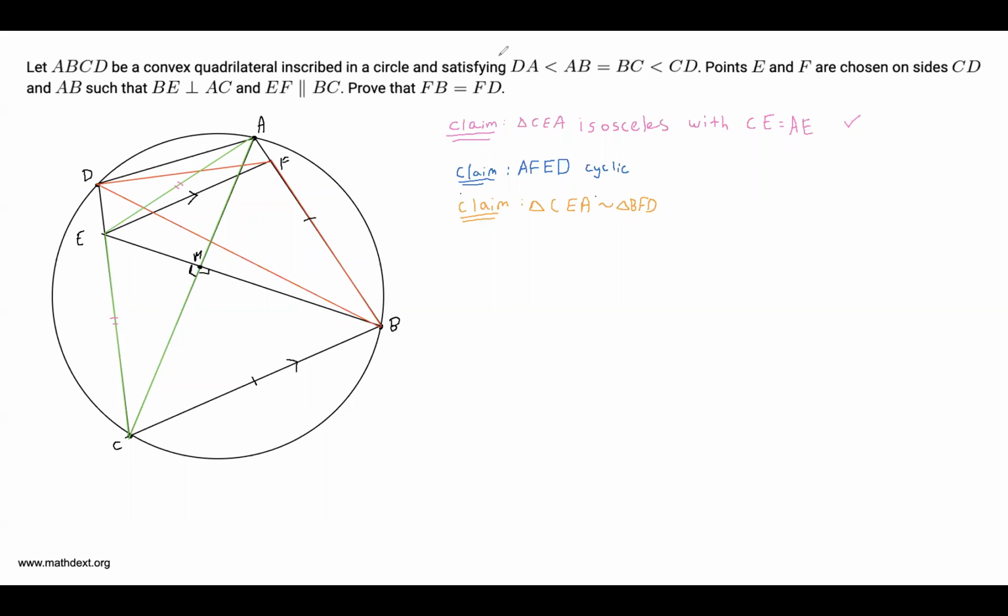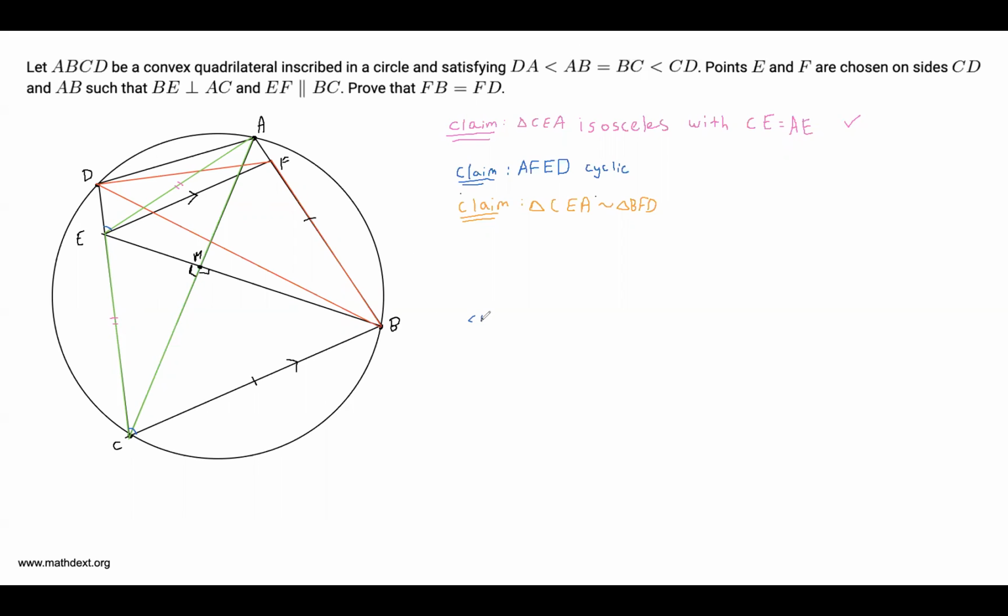Okay, my next claim is that quadrilateral AFED is cyclic. So this quadrilateral over here. This is also not hard to prove. The reason is because this angle over here is going to be equal to this angle over here.